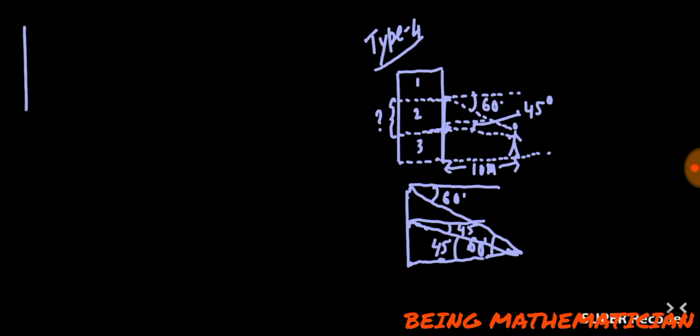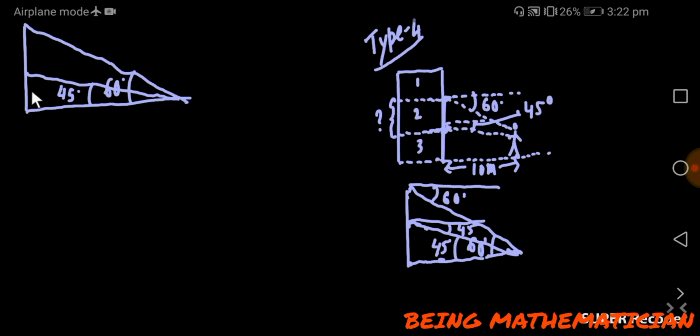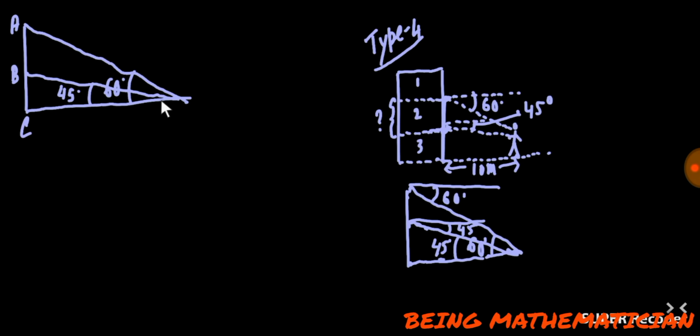Let's draw the picture clearly. Let us consider that this point is A, this point is B, this is C, and this is D. So in triangle ACD, tan 60 is equal to AC by CD.